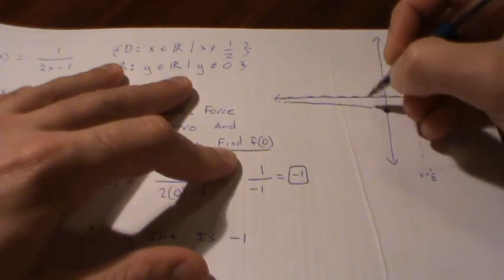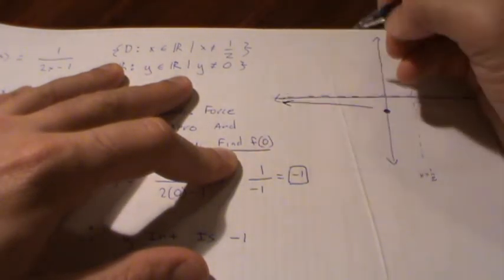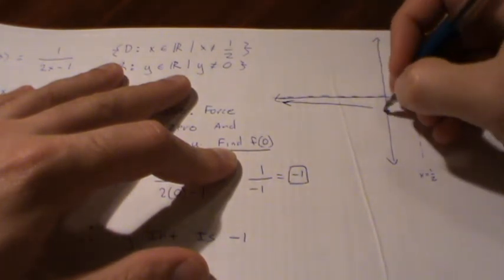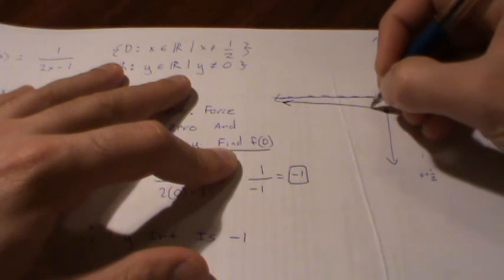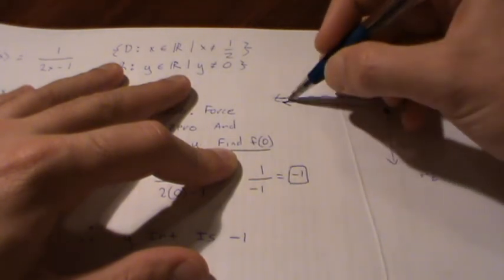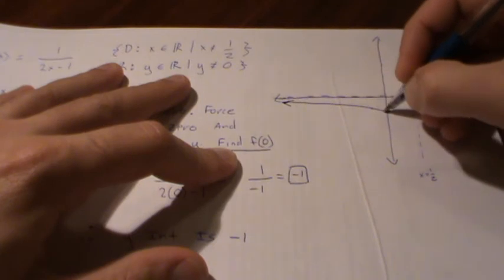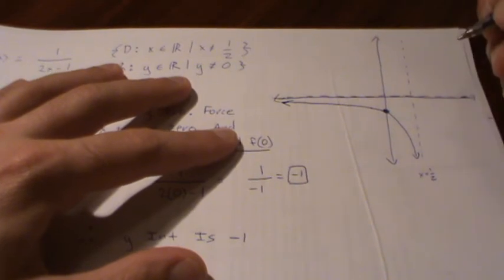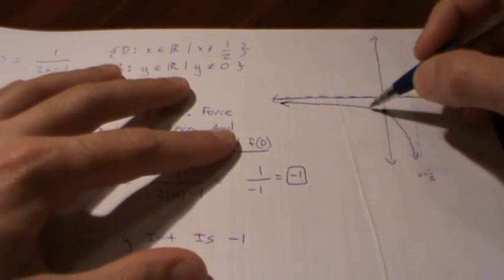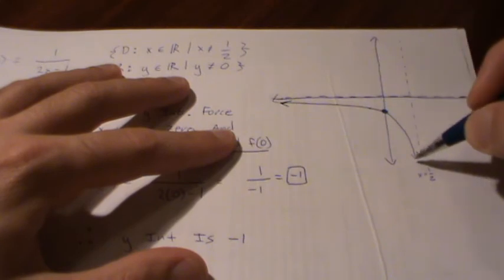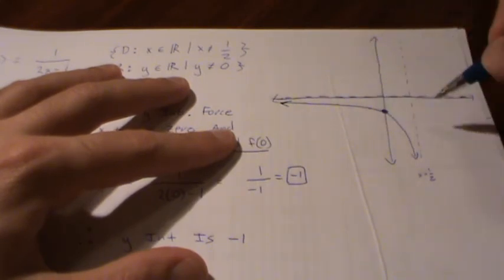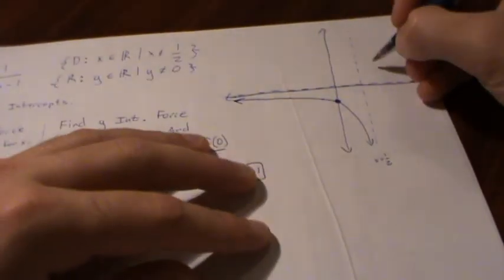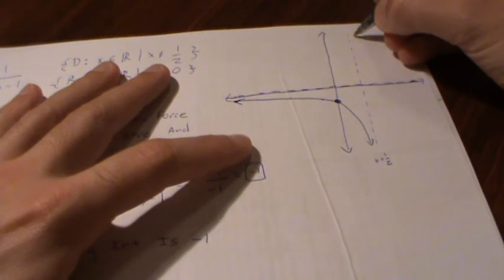I've got an asymptote here, which means my graph is going to come from here, and it's going to try and go up, but it will never actually touch this, and then it will never touch this either. So the graph comes down like that, and it's basically a curve like this that's sort of trapped between two asymptotes.